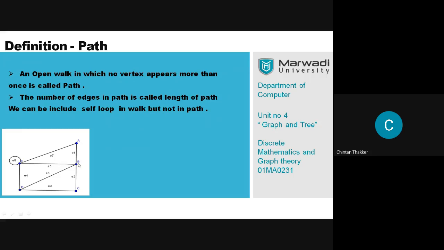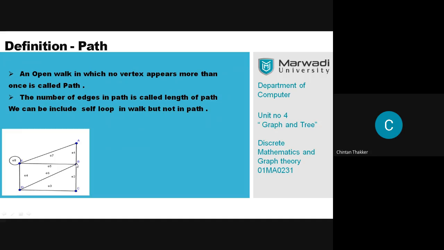In the first walk we have taken A, E1, B, E2, C, E3, D, E4, E. This is a path from A to E with a length of 4.